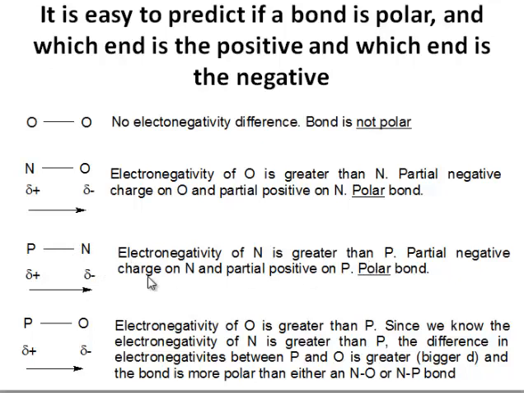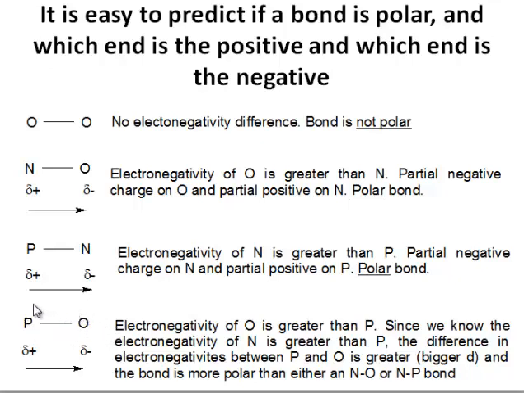This is again a polar bond, but this time the partial negative charge is on the nitrogen. It's pulling electrons away from the phosphorus atom. Again, you can always show an arrow pointing at the negative end of the polar bond to indicate the dipole.